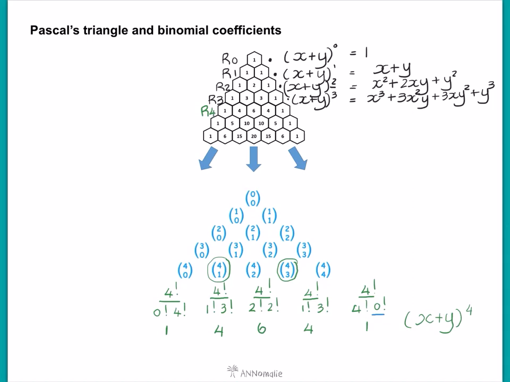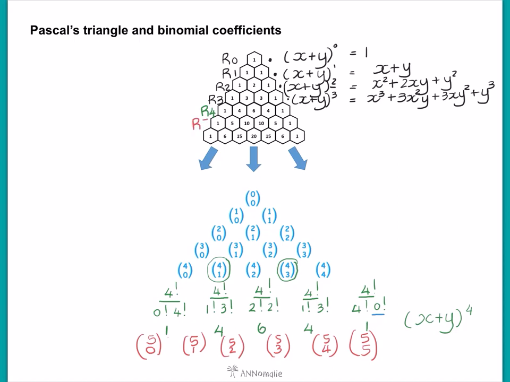So in the next row, if I have 5 choose 0, 5 choose 1, 5 choose 2, 5 choose 3, 5 choose 4, and 5 choose 5, we will get the entries for this row number 5.